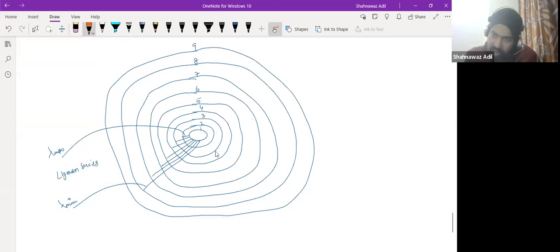In the Balmer series, it is going to be this one. I did not draw the third to two, and then four to two, then five to two, then this one, this one, this.